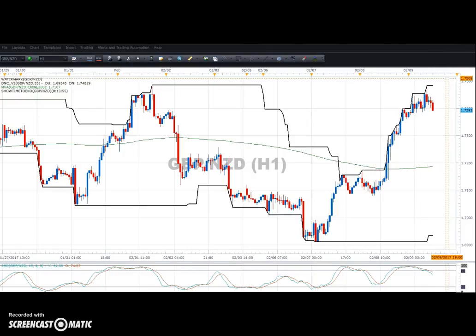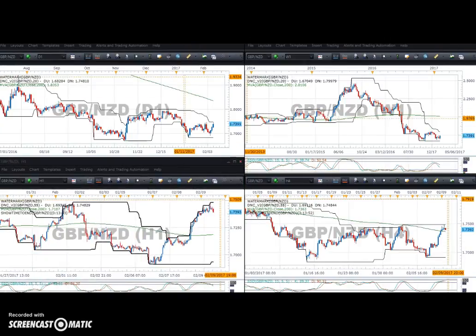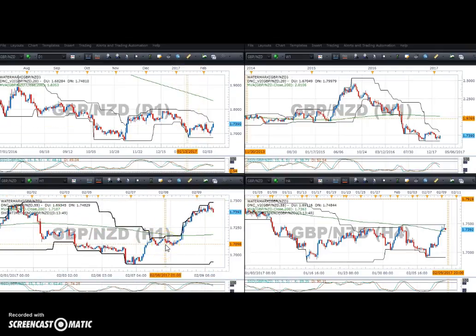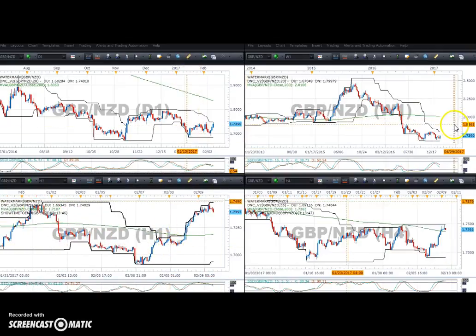We'll see what happens. But this is one of the beautiful parts, if you will, of using multiple time frame analysis. What I can see by multiple time frames is how a pair is moving over time. Four in this case, different vantage points, if you will, 4 different time frames that I'm looking at.